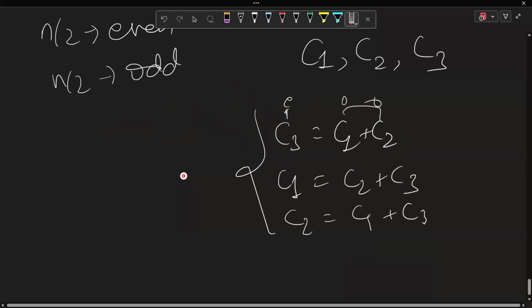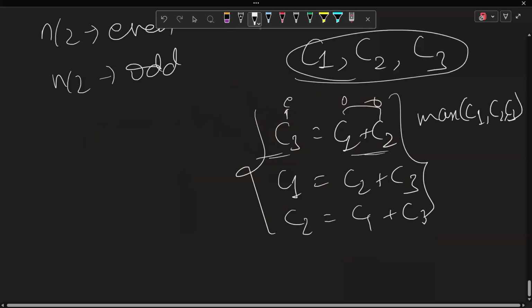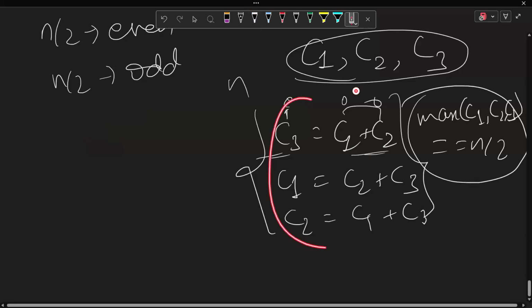So this maximum should be half of the sum. This condition can be rewritten as the maximum among C1, C2, and C3 being equal to half the sum, and we know the sum of C1, C2, and C3, the total count, is n. So if this is equal to n by 2, that is the same as writing this thing.